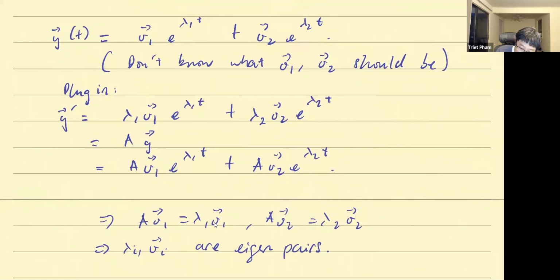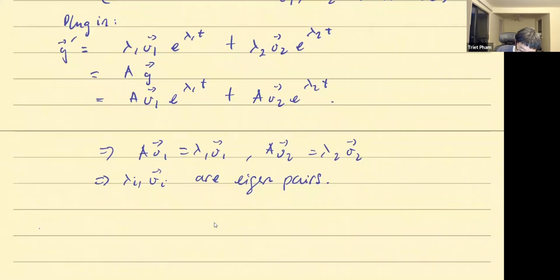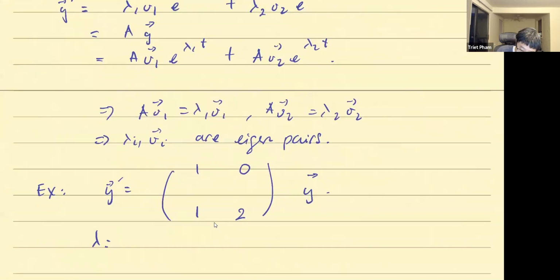But notice that this is my solution. And what I conclude is that the v's will be eigenvectors, whatever they are. So when I solve for my example, let's suppose that y prime equals [[1, 2], [0, 1]] y, so your lambda equals 1 and 2.